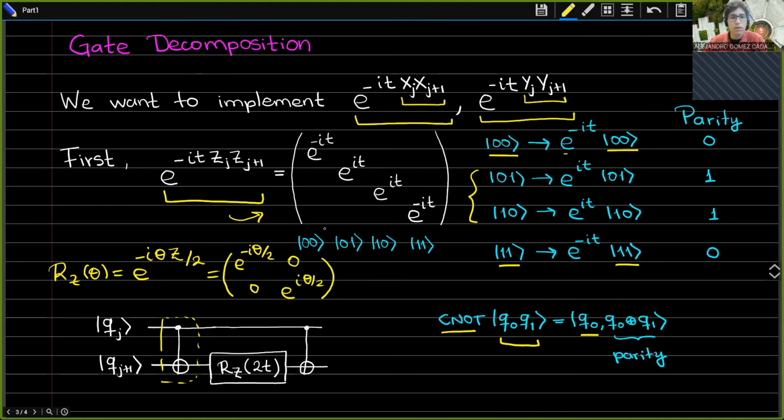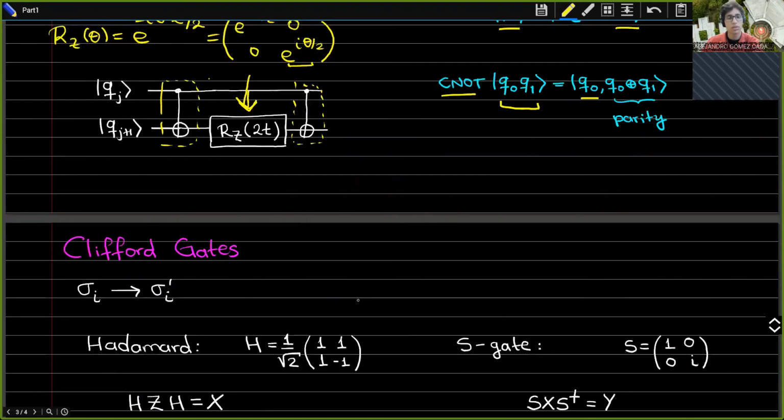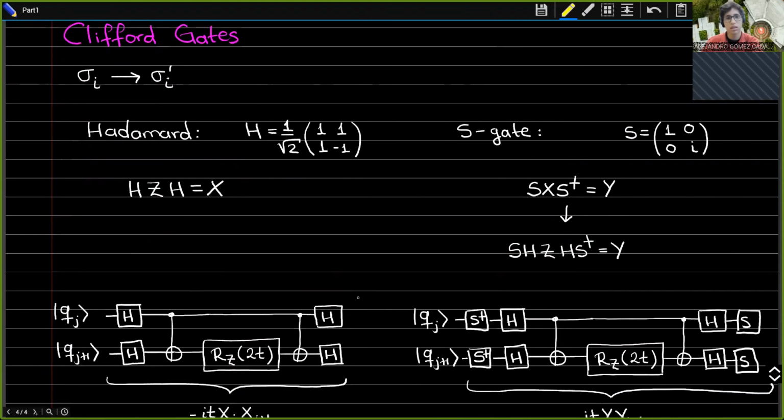So if the parity is 0, then the phase is negative, and if the parity is 1, the phase is positive because it's going to apply this one. So we apply the phase here, and then we should get to the initial state, because the state at this step is actually the state that stores the parity, but then we need to go back to the initial state. So that's why we need to apply another CNOT gate. And that's it for the e to the minus i t ZZ.